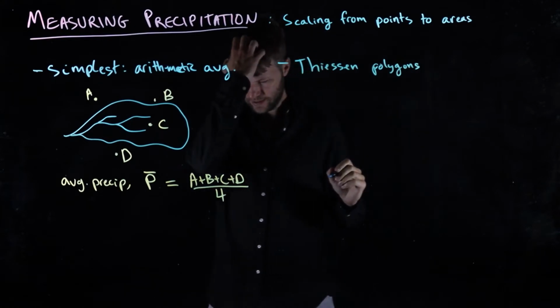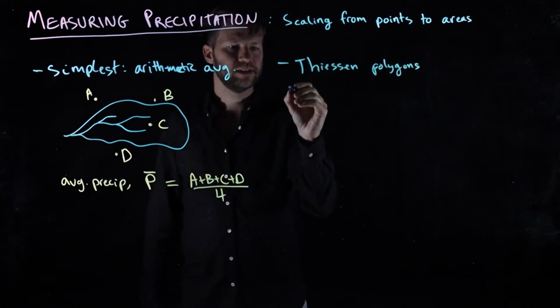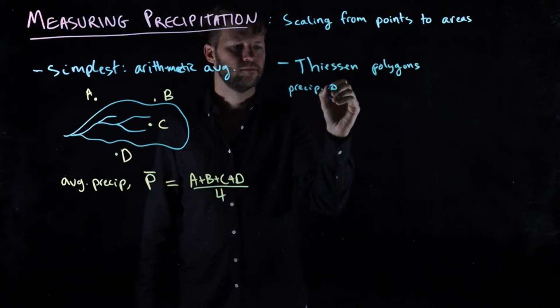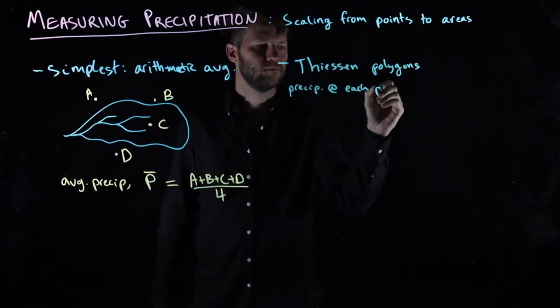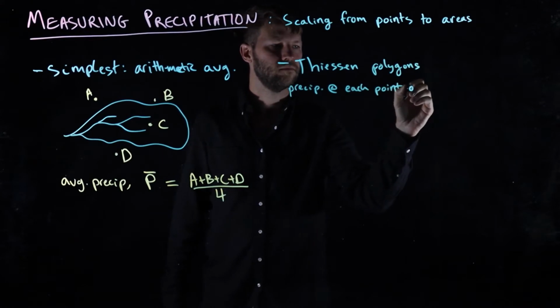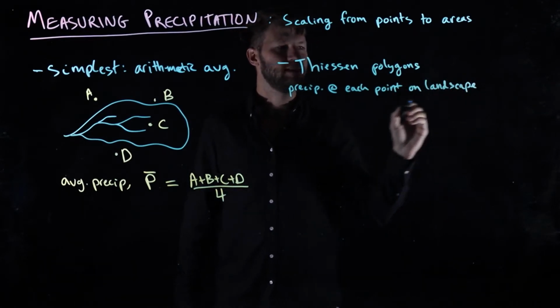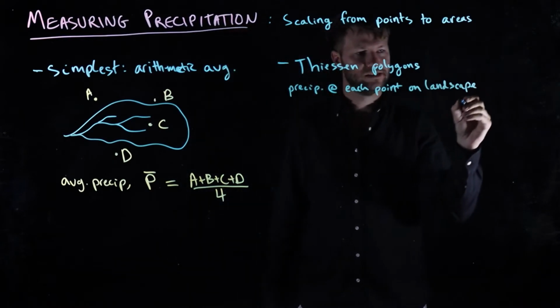And the idea here is that precip at each point on the landscape is assumed to be best represented by the nearest gauge.